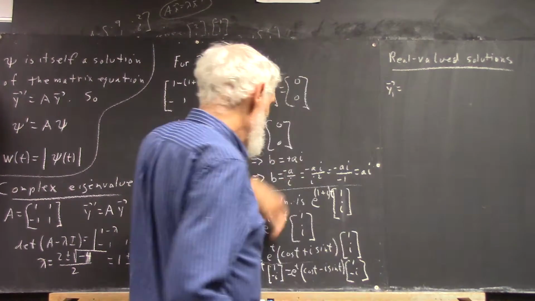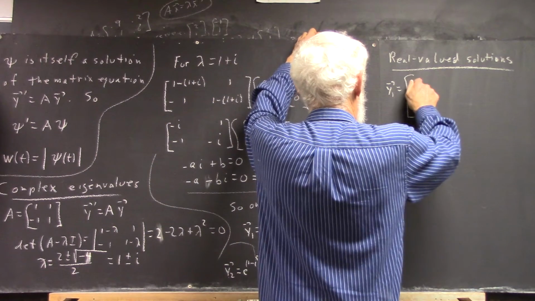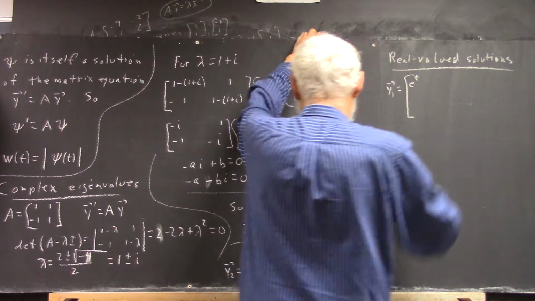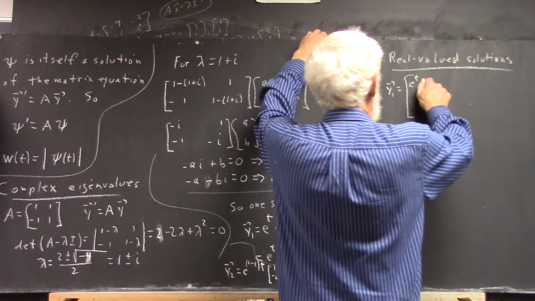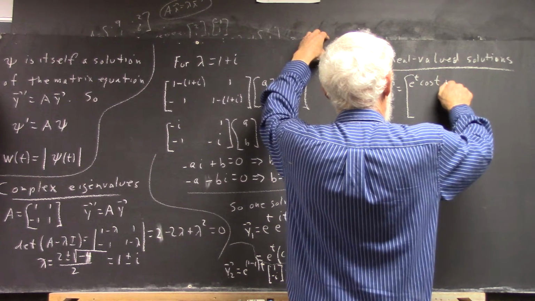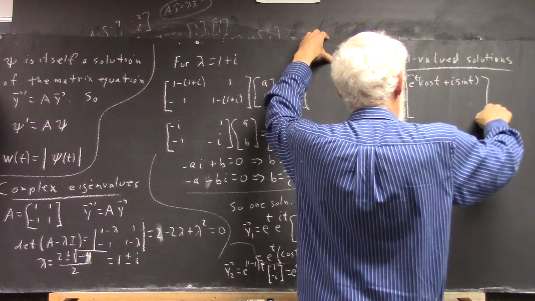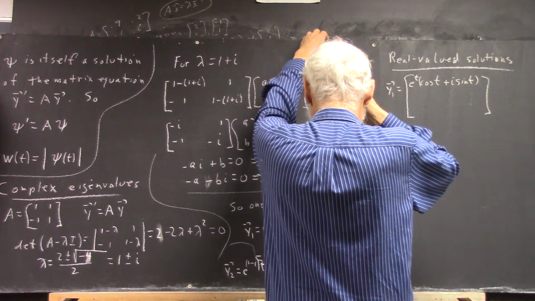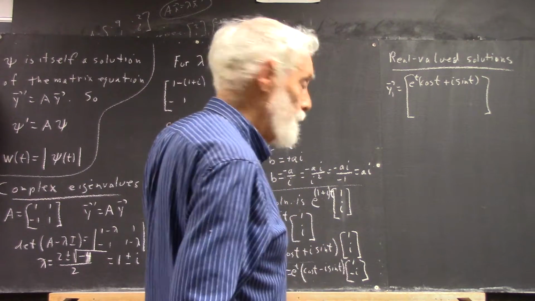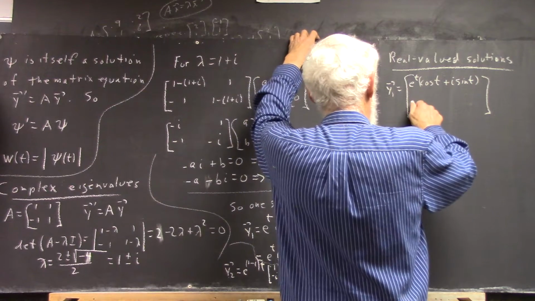So y1 equals, if I multiply through here, e to the t cosine t plus I sine t, and I times this, right? So I guess I'll write out the details.